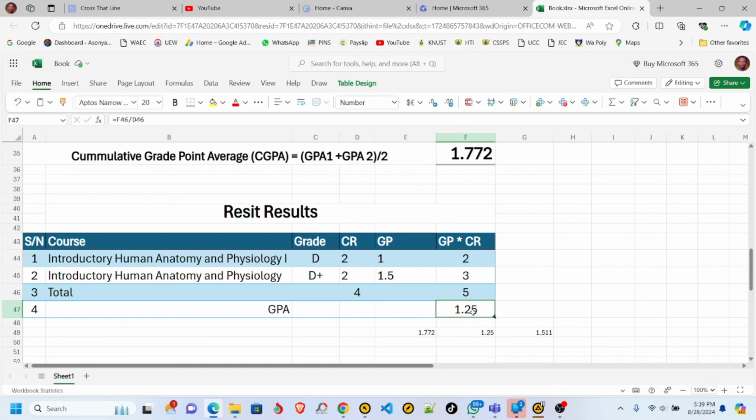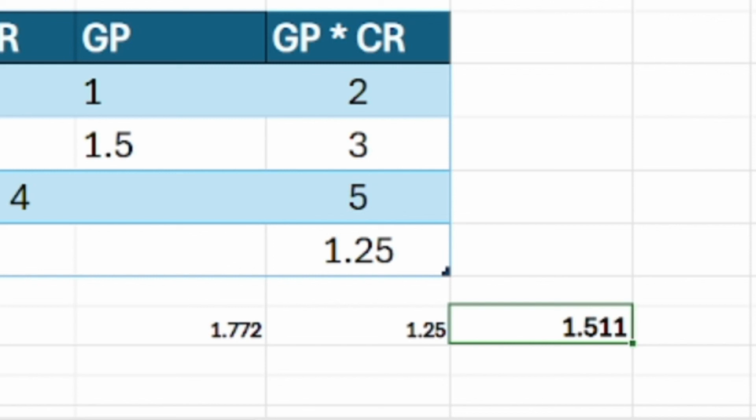So all we have to do is take this current GPA and add it to the 1.772, this way, and then divide it by 2. And this is what we had.